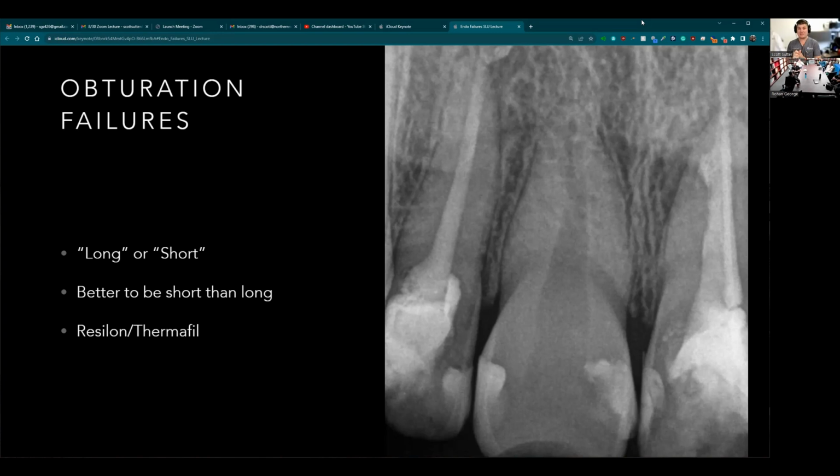Cool. Resilon was a material that came out in the early 2000s. The idea was you would bond the filling material in the root like you would a traditional composite. It had a special rinse to prepare the canal, almost like etching it.